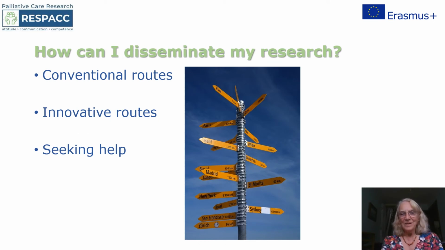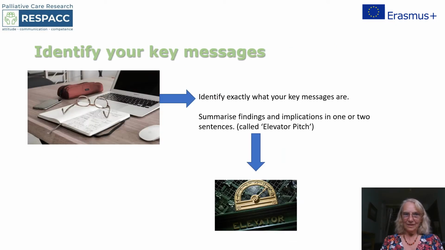So how can I disseminate my research? As I've said, there are conventional routes, there are innovations, and there's seeking help. Let's look at this more carefully. The first thing you need to do is identify what your key message is.